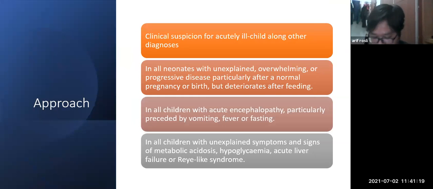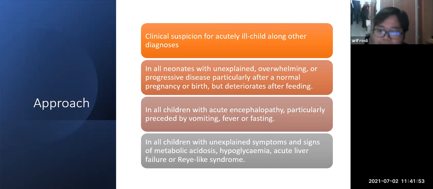Next. So for the approach to a child with IEM, usually we start with clinical suspicion. We are clinically suspicious when there is an acutely ill child, and we also need to consider other diagnoses. We are also suspicious in neonates with unexplained, overwhelming, or progressive disease, particularly after a normal pregnancy or birth.